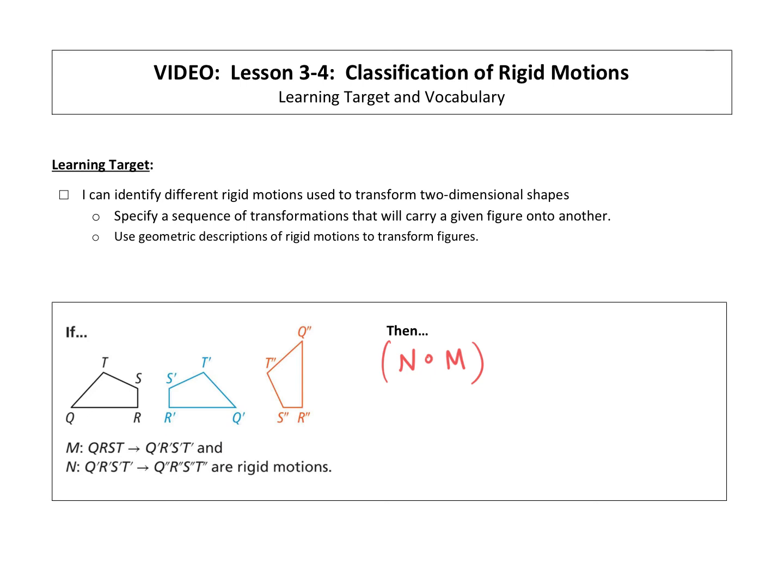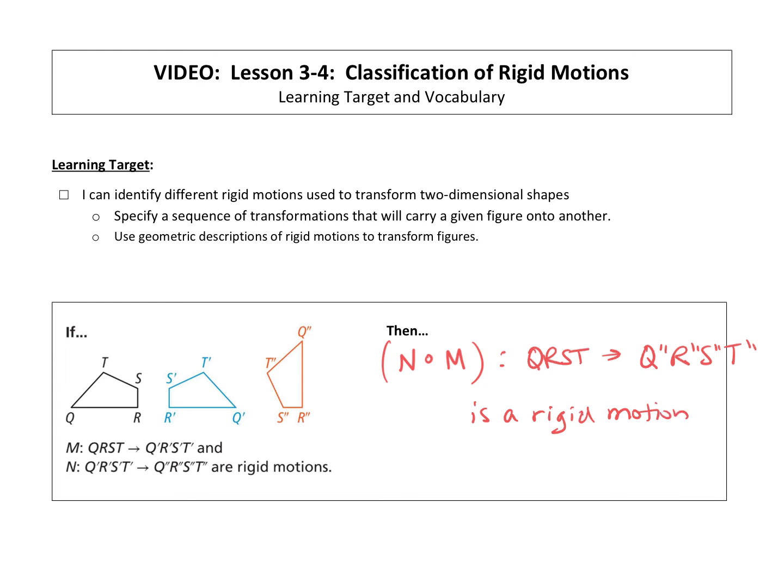So if both transformations are rigid motions, then the composition that would take us from QRST to Q double prime, R double prime, S double prime, T double prime is also a rigid motion.